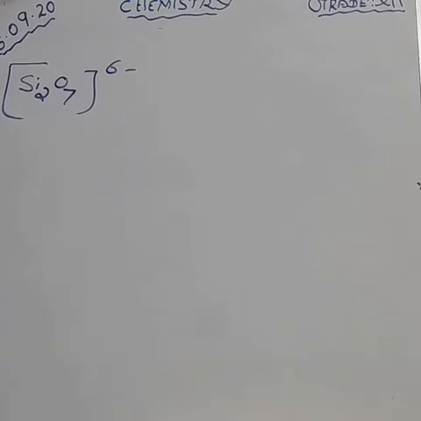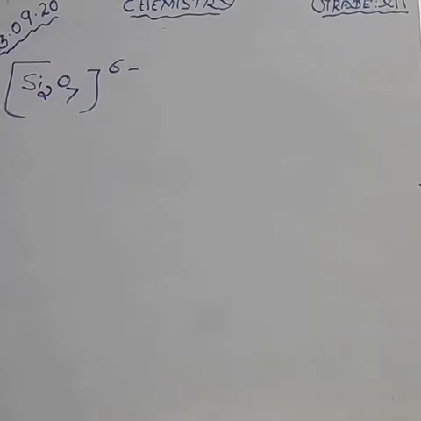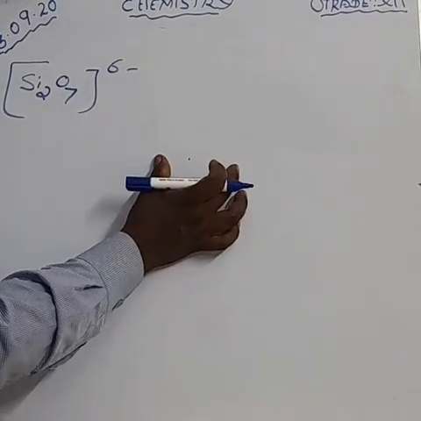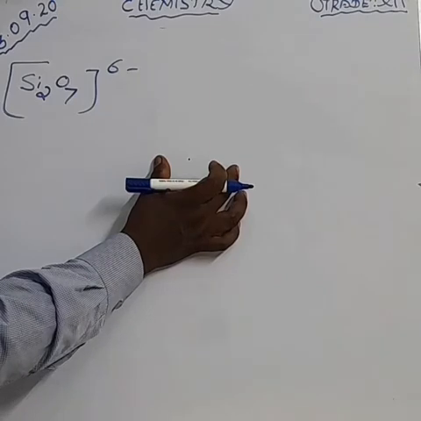This is the pyrosilicate ion, otherwise called sorosilicate. It is formed by the joining of two SiO4 minus tetrahedral units by sharing one oxygen atom at one corner. That is, one of the oxygens connects between the two SiO4 minus units.